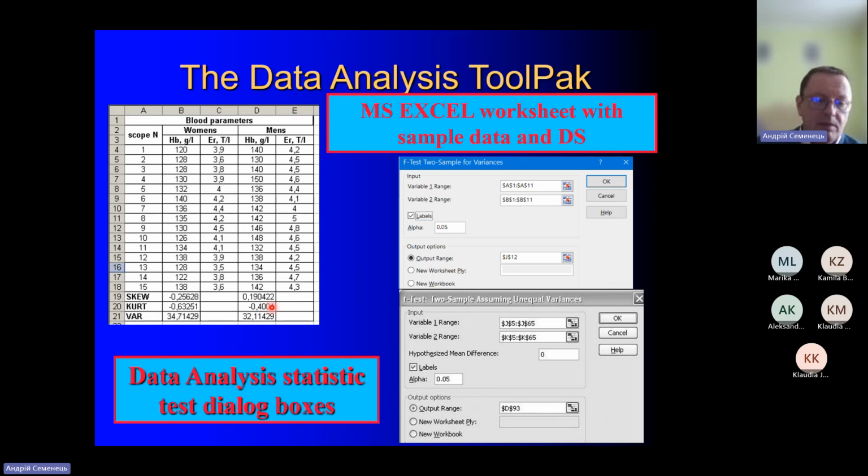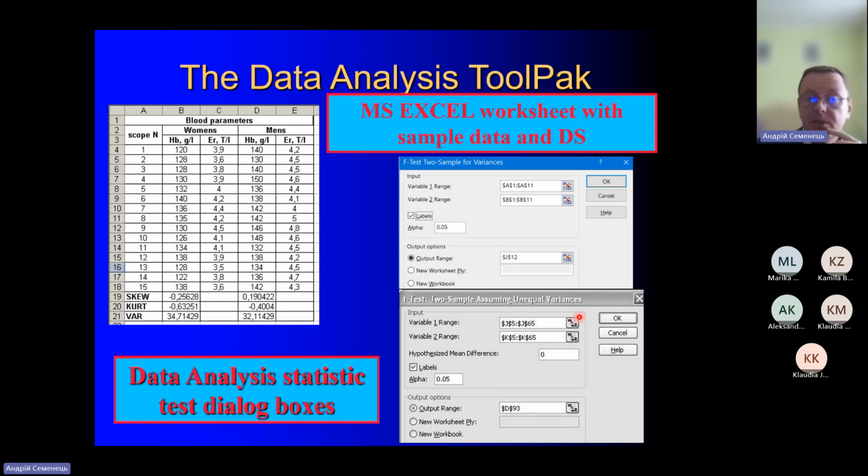Here we have calculated these values using descriptive statistics or formulas, and then compare them to the critical value from a special statistical table. And then we decide. Here we have very small values, so I do not provide them, but in fact the distribution type here is normal.